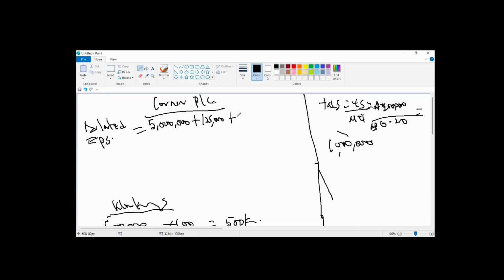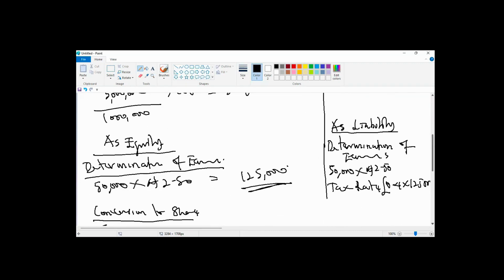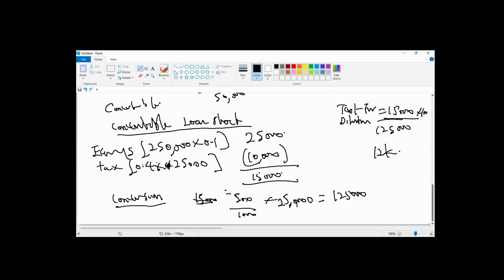What's the convertible loan? 75, sir. No, convertible.